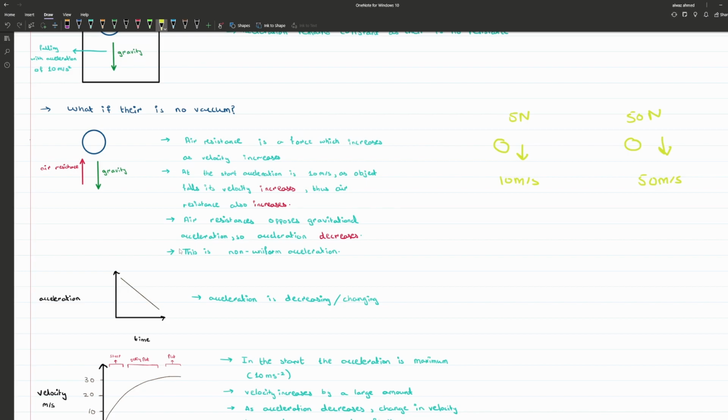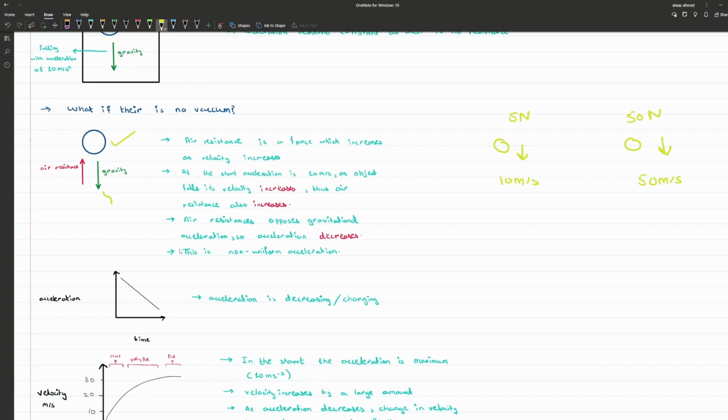So if we let this ball go, this ball will start accelerating downwards, its velocity will start to increase, and as its velocity increases, the air resistance acting against it is also going to increase. Now when this air resistance increases, it's going to act against gravity.